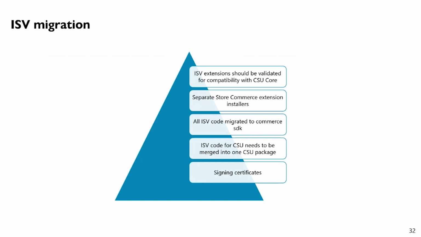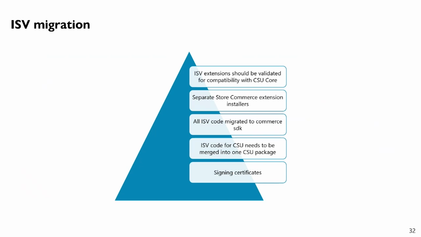There are separate installers for base application and extensions now. So the CPOS SDK uses the new sealed installer framework to generate the installers. ISV solutions and extensions can be independently developed by consuming the packages that are available in the public feed.